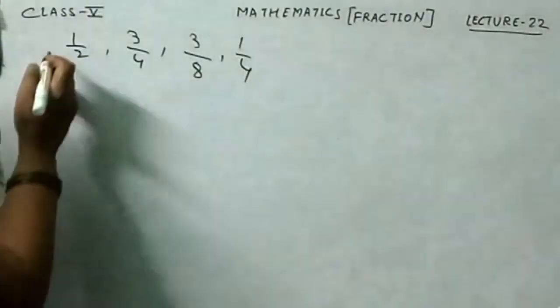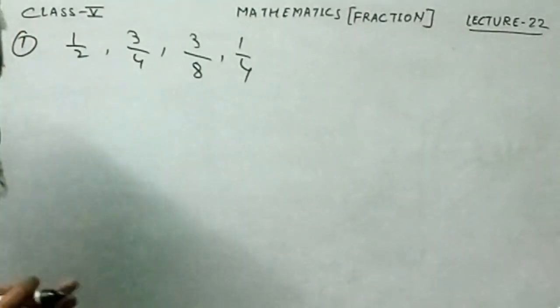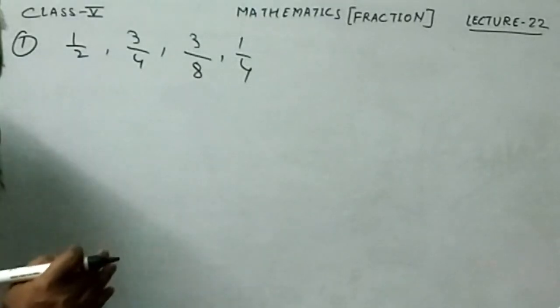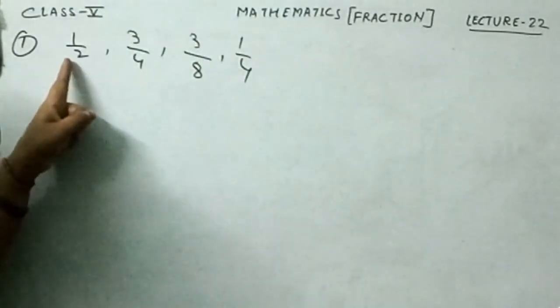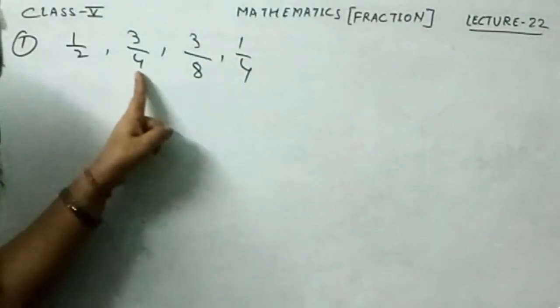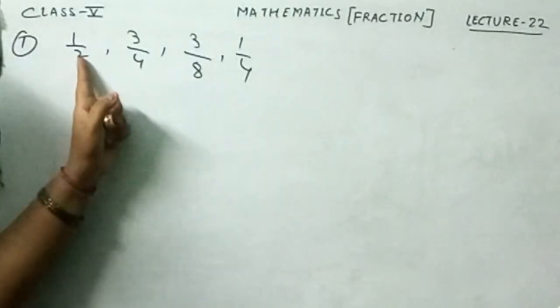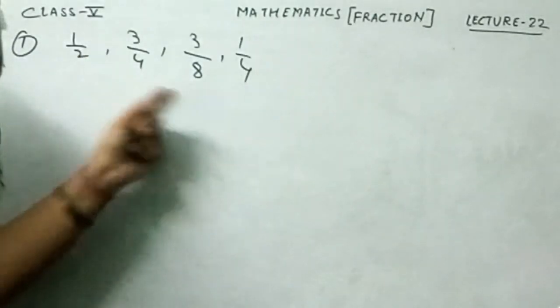Students, you have to write these numbers in ascending order as usual, and also in descending order. So how do we write these fractions in ascending order? Here you see all the denominators 2, 4, 8, 4 are different.